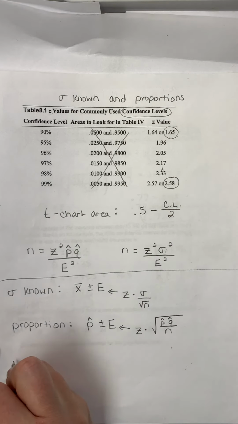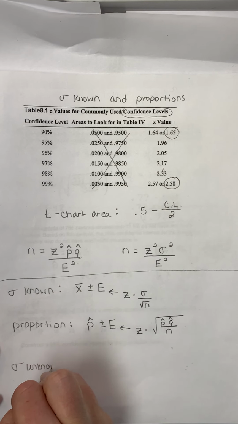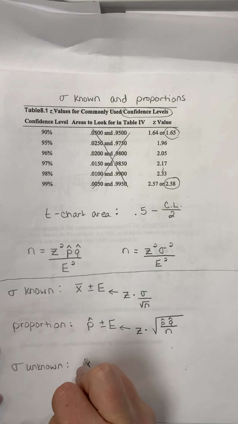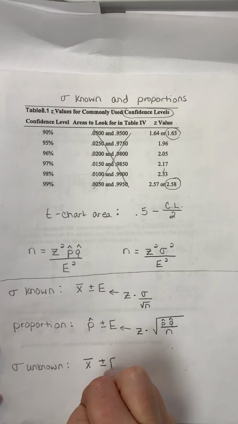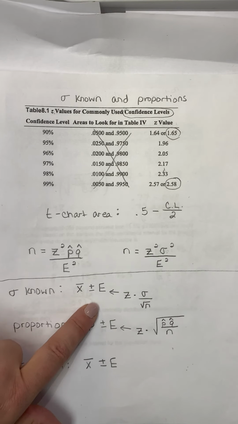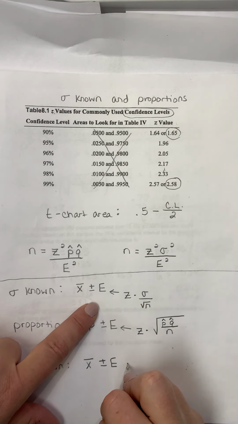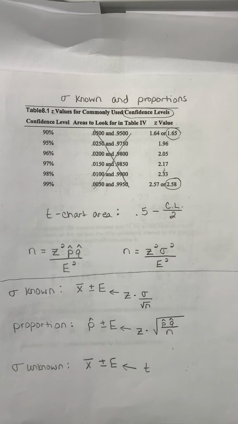Okay, so sigma unknown is still going to be X bar plus or minus E, just like sigma known. But we no longer have Z. We have T. So this is when the T chart has to come into play.